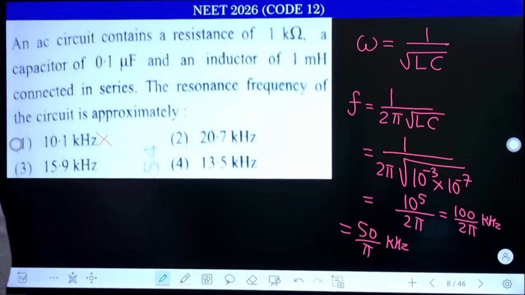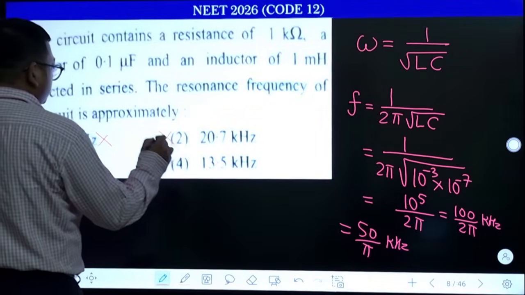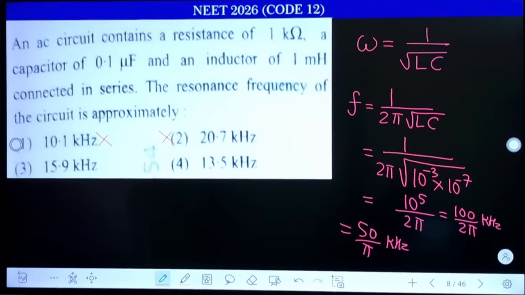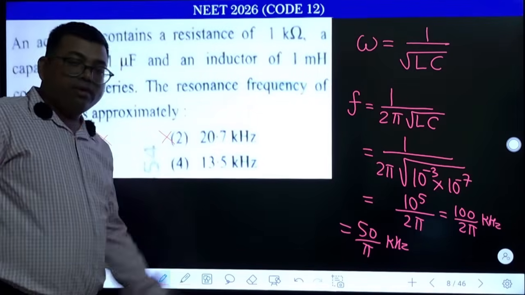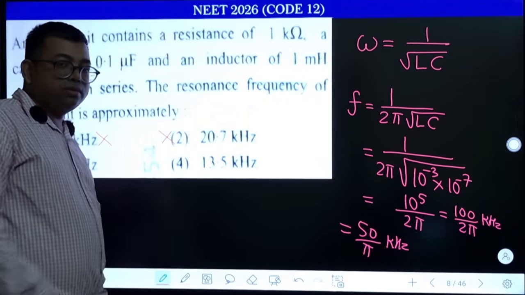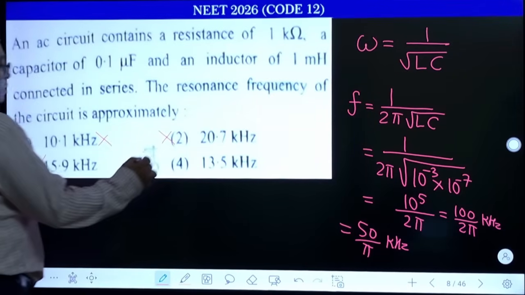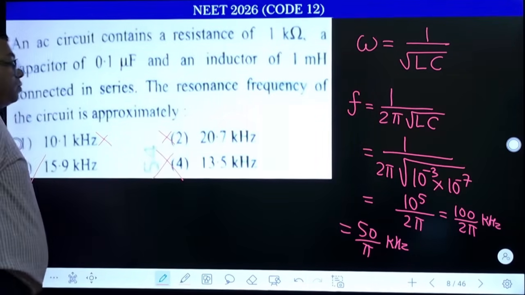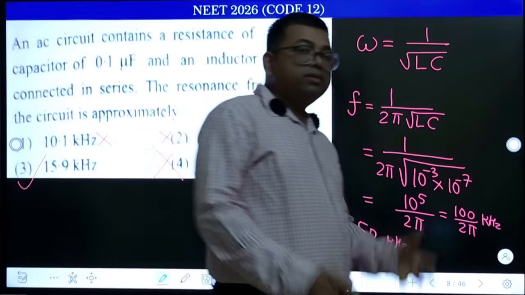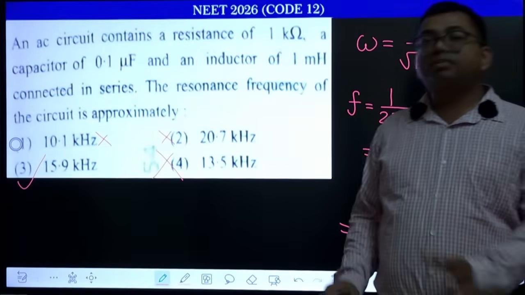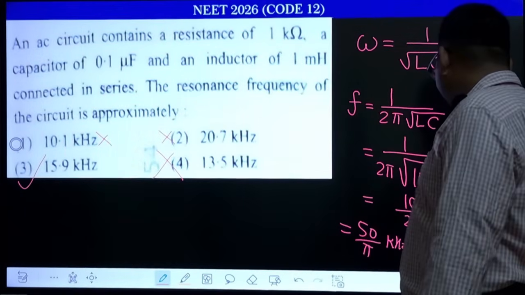Then 15.9, because pi is a little bit larger than 3, we can go with this. This we can definitely remove. So we got the answer. We don't have to do the exact calculation, some approximation we can do. Let us move next.